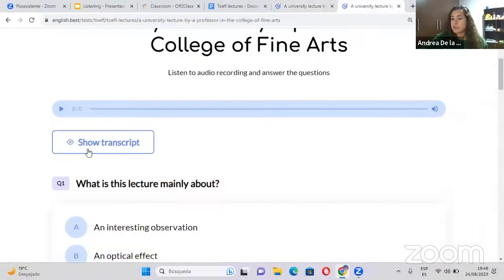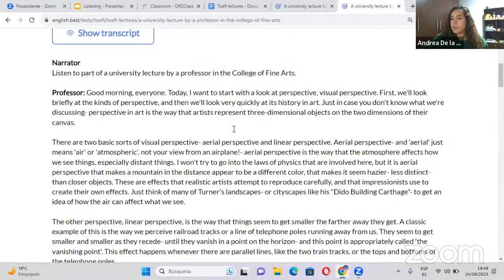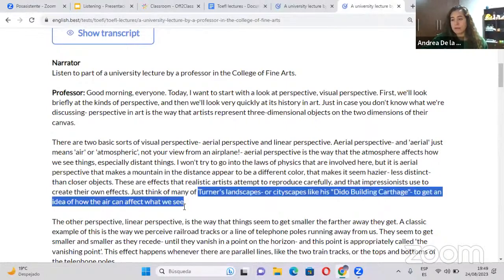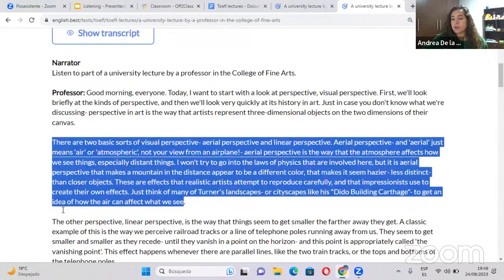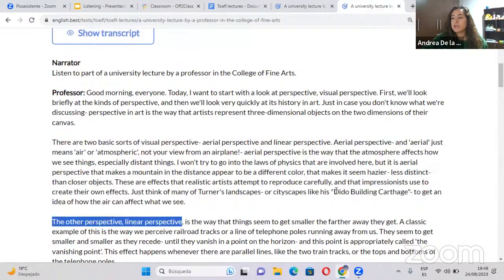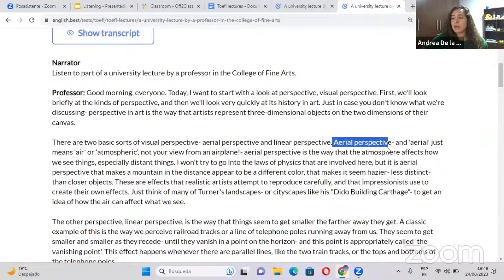We take a look at the transcript. When the professor was talking about aerial perspective, that's where the professor talks about this painting, right? To get an idea of how the air can affect what we see. So it's related to aerial perspective. And then they started talking about linear perspective. So this should be in your notes, in your box that is about aerial perspective.